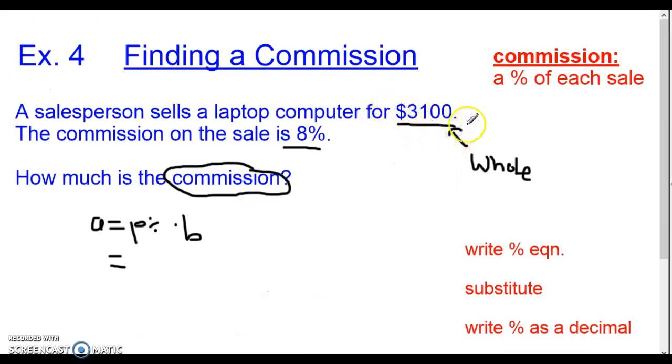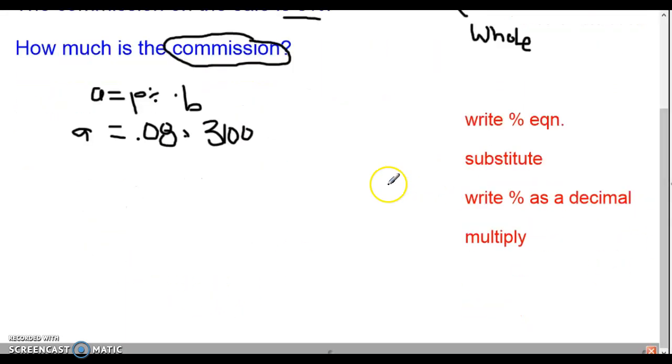So 3,100 is the whole, so now I write 0.08 for the percent, and since 3,100 is the whole, that would be my B, and I'm looking for the part, or the commission. So now I need to do 0.08 times 3,100, so 3,100 times 0.08.